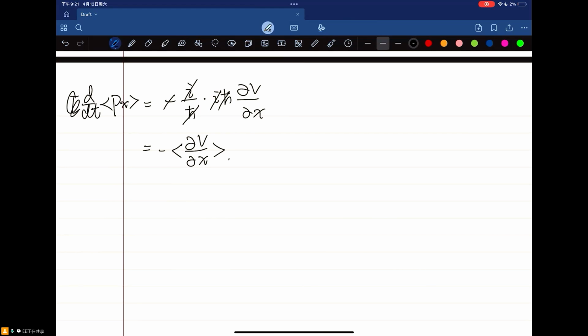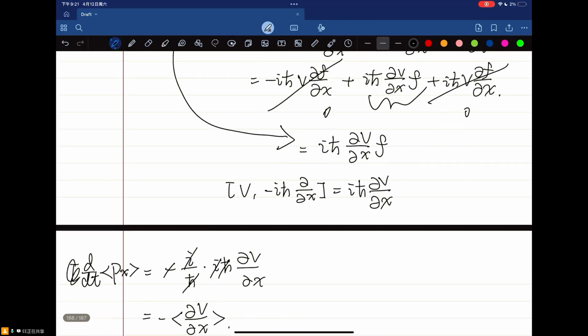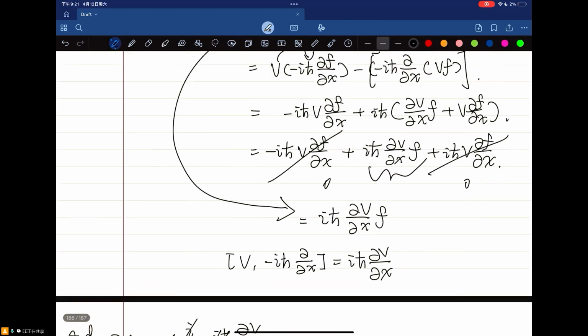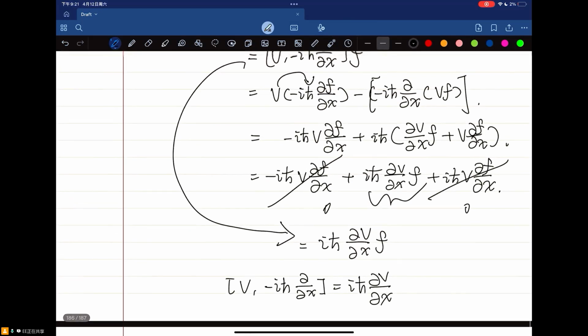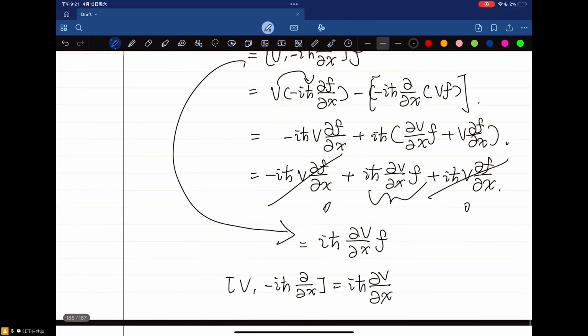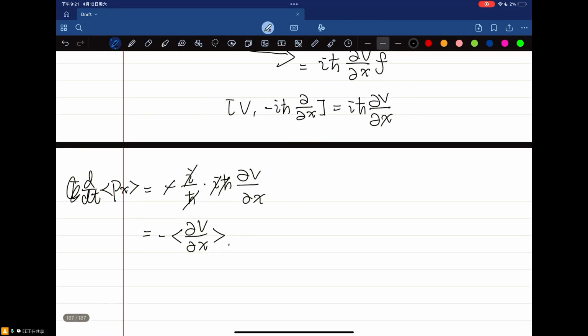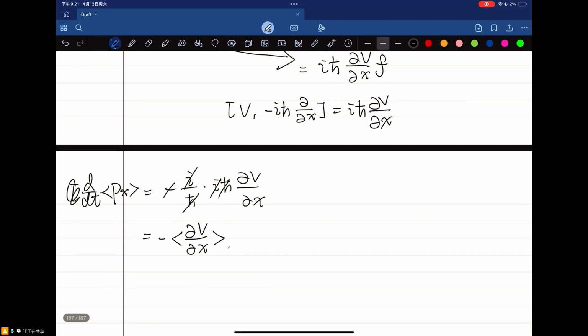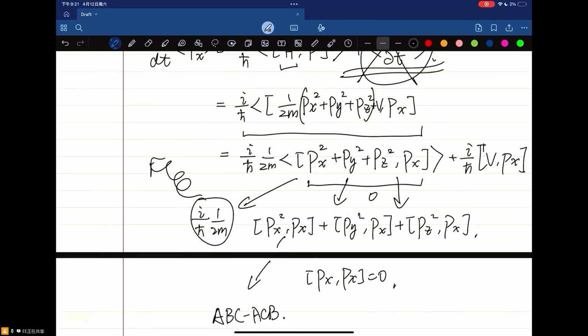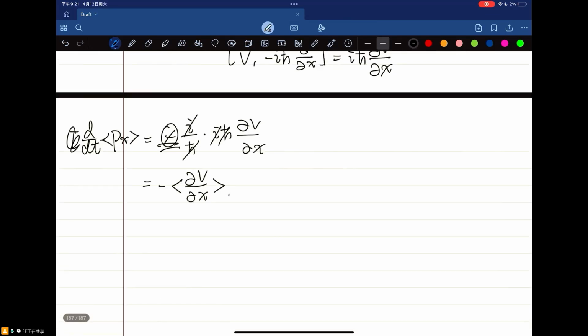I think I might have made another mistake here. Interesting. Okay, why is it not negative? Oh, because I have an extra negative here. Yeah, this is plus. Okay, my apology.